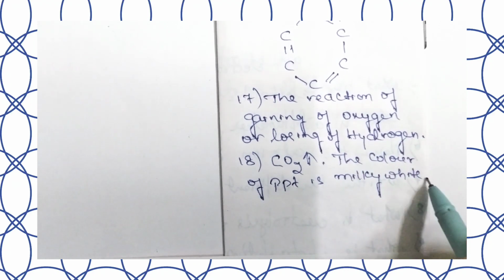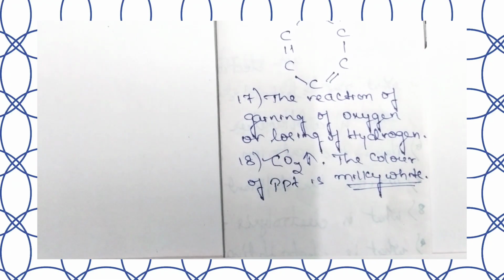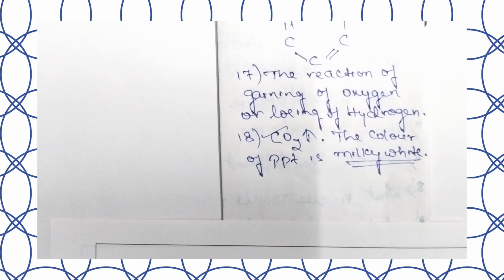If the lime water turns milky white, then the gas liberated is carbon dioxide. So this is how to test the carbon dioxide. So what is the name of the gas released when acid reacts with metallic carbonate? Carbon dioxide. What is the color of the PPT when carbon dioxide is passed through lime water? The PPT turns into milky white. This is the answer for 18th question.